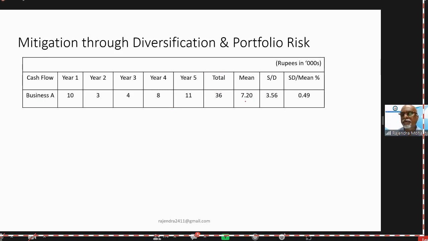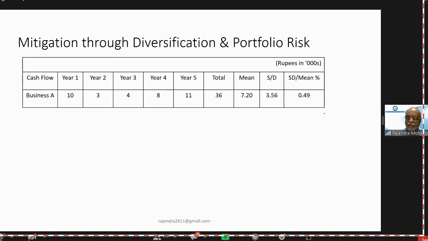From 7.20, it has deviated 3.56 towards the lowest and towards the highest. And the risk factor can be calculated simply by standard deviation 3.56 divided by the mean 7.20 into 100. So this will give the percentage. Say this is 49%. So this business is 49% risky. Am I clear now?